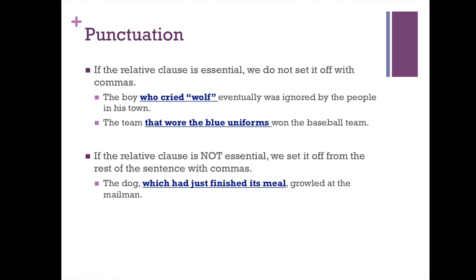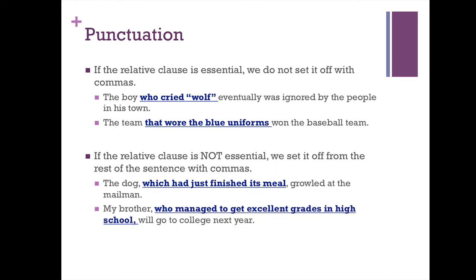That's the main thought in this sentence. The fact that it had just finished its meal, well, that's interesting, and it tells us a little bit more about the dog, but it really does not affect the meaning of the sentence. It's just some additional information. We set it off from the rest of the sentence with commas.